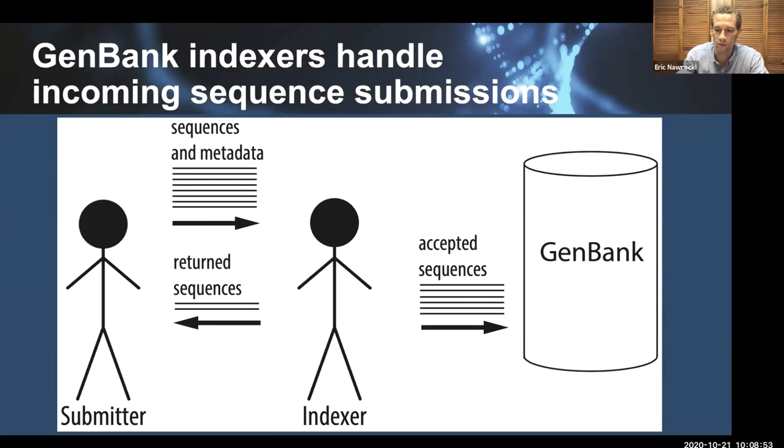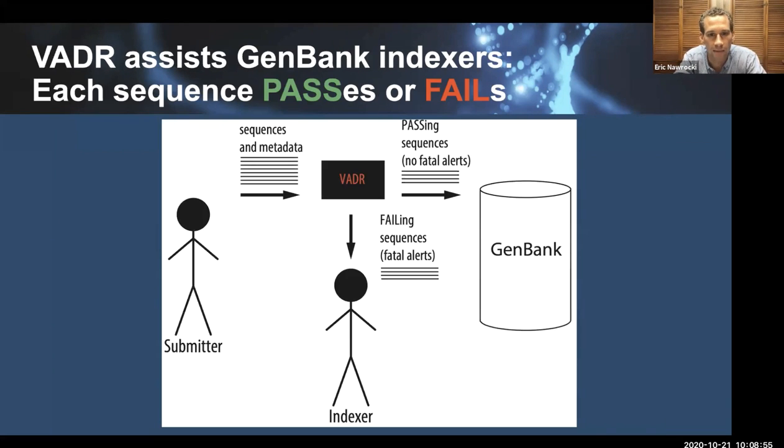And so we developed VADR as an annotation tool for viruses, specifically to help the indexers. So we know that there's other viral annotation software out there, some excellent software that we could have used. So Vigor as an example, Viper, Vapid.